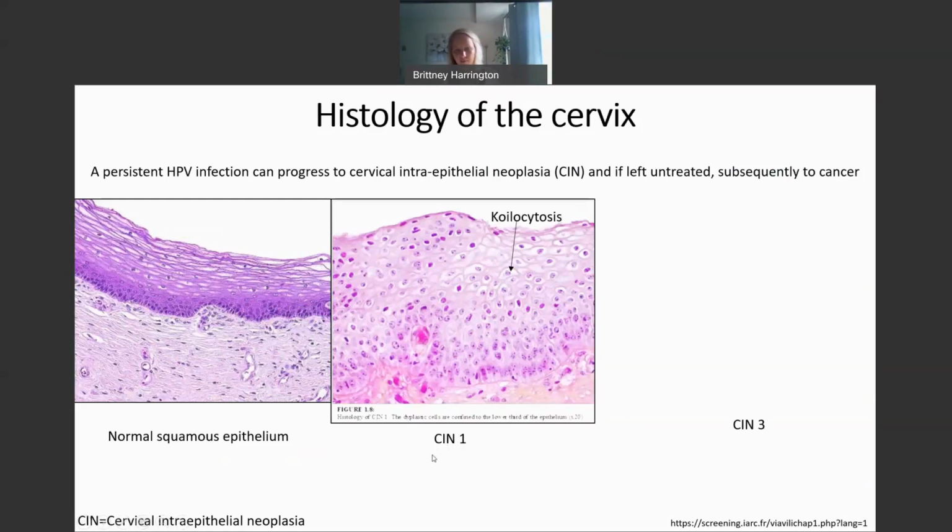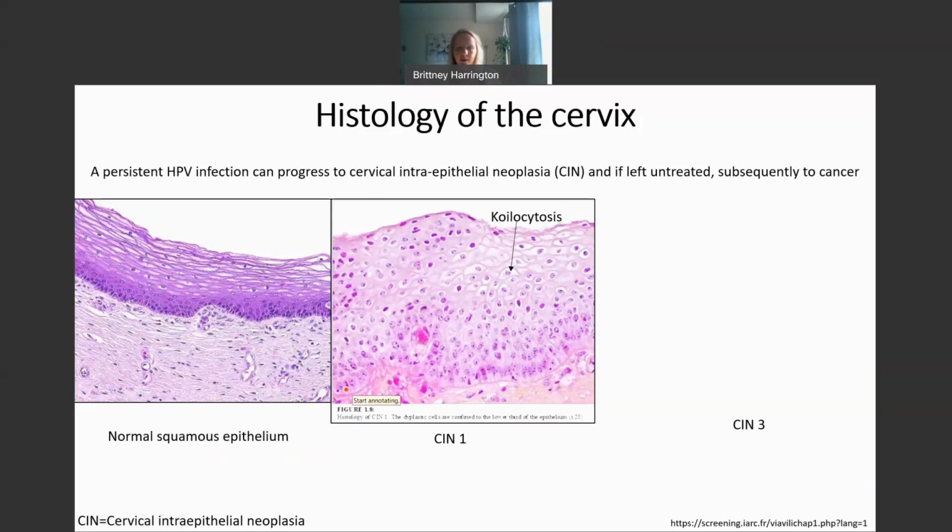And the range is CIN 1 to 3, but I've only included 1 and 3 here to see how different this is. So in the early stage, the CIN 1, although I know this magnification is different, you can see that the basal layer is here.